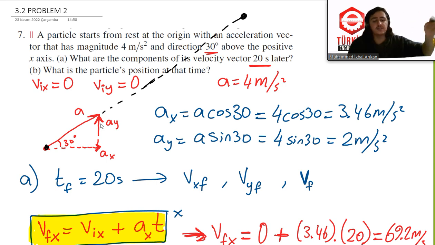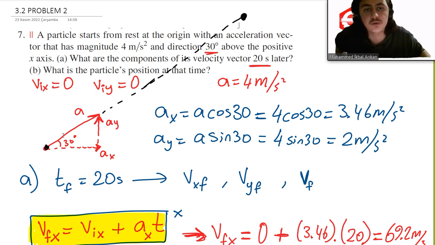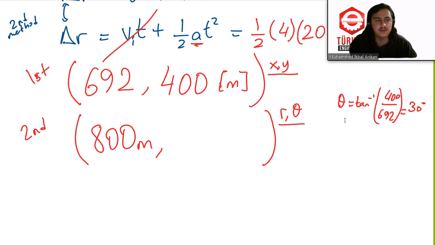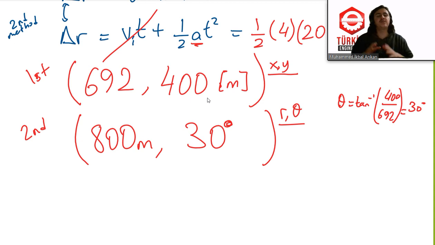So I must start and continue in the same direction. So my position vector must end at the same angle. The direction of my position vector must be equal to 30. And as you see here, they were equal to each other, 30 degrees. So a second way is to just give the magnitude and the angle.